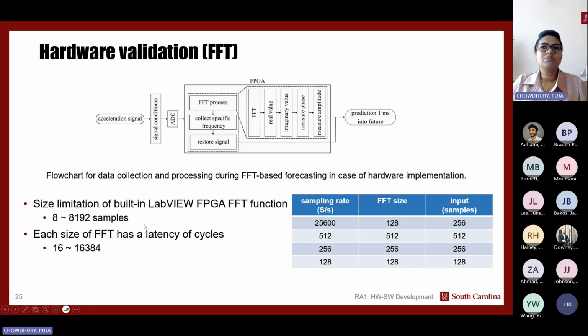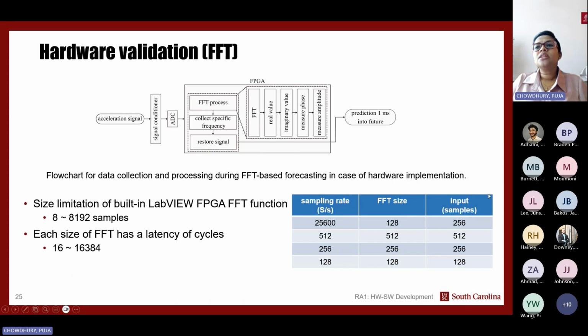But in the hardware implementation, there are some size limitations of the built-in LabVIEW FPGA FFT function. It's limited to 8 to 8,192 samples. For each of these FFT sizes, there is a latency cycle from 16 to 16,384.